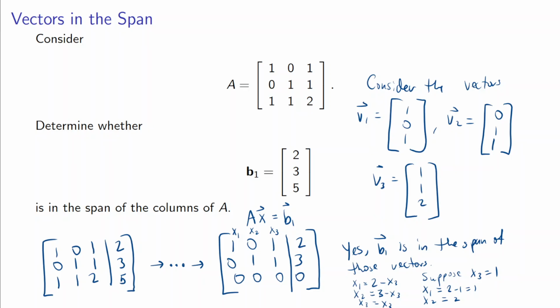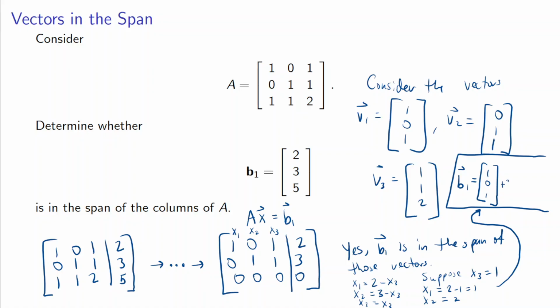And so what we can show is that b1 should equal x1, which is 1, times the first column of A, plus x2, which we found to be 2, times the second column, (0, 1, 1), plus 1 times the third column, what we chose for x3.